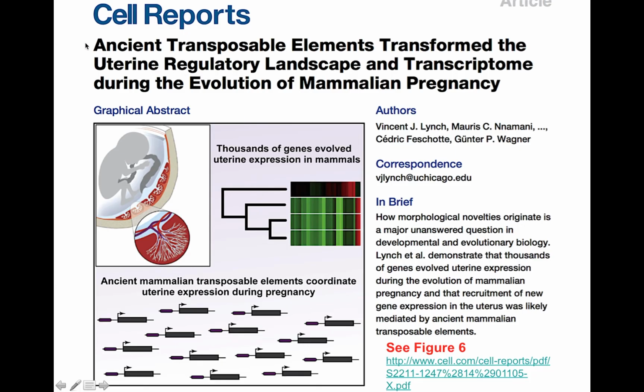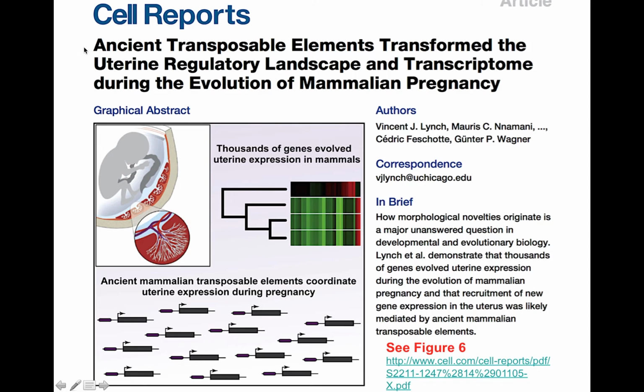Here's a very interesting report from the journal Cell. The question of how new organs arise during the course of evolution has always been a bit of a quandary for developmental biologists and molecular biologists.